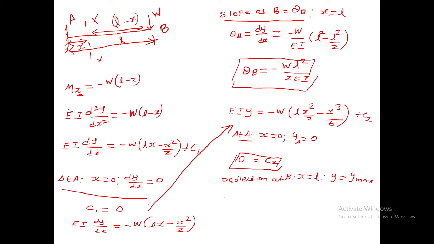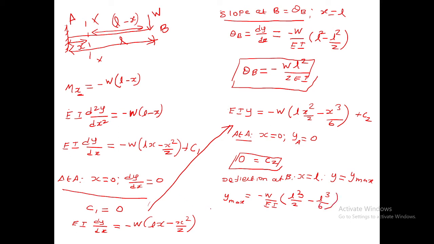So y max equal to minus W divided by EI into L cube divided by 2 minus L cube divided by 6.